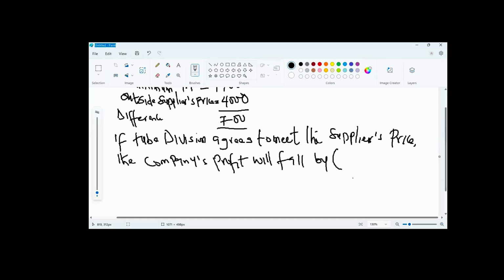The subdivision will produce 2,500. Per unit produced, the company will suffer 700 naira loss. Multiply by 700 naira. Please work this out. Total is 1,750,000. The company's profit will reduce by 1,750,000 if the subdivision agrees to meet the supplier price.